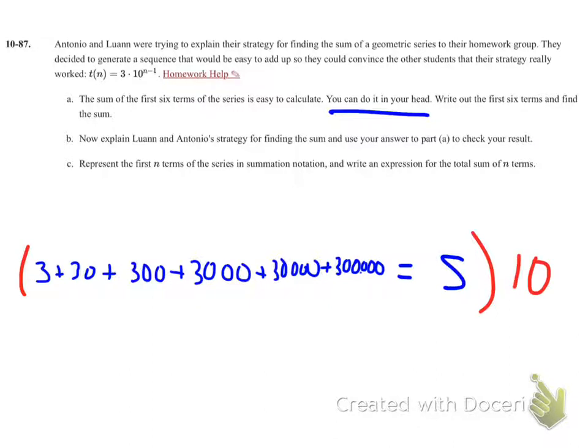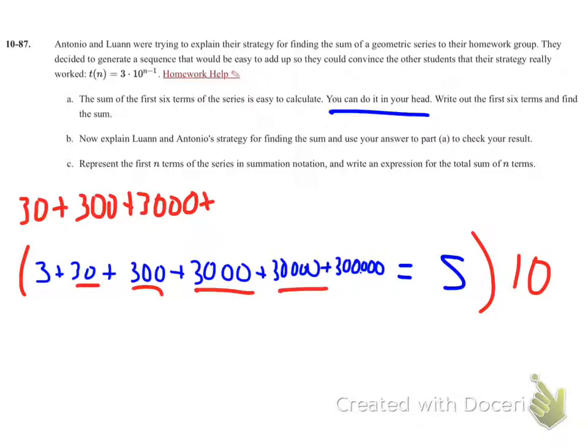now 3 times 10 is going to be 30. And then 30 times 10 is going to be 300. And then 300 times 10 is going to be 3,000. And you can start noticing that all I'm doing is I'm just actually writing the next term.